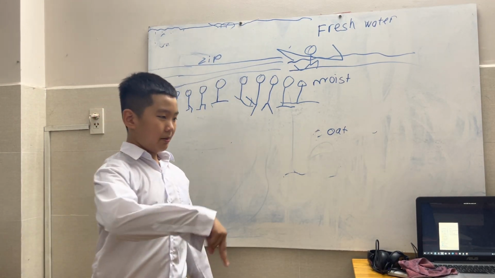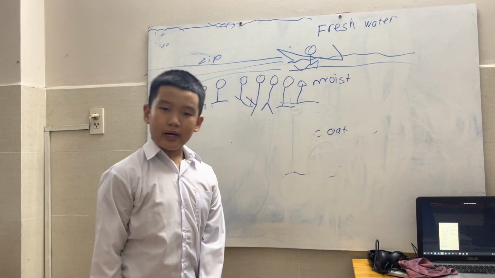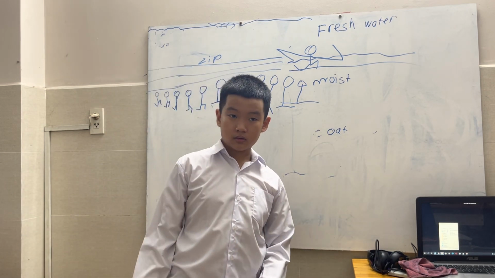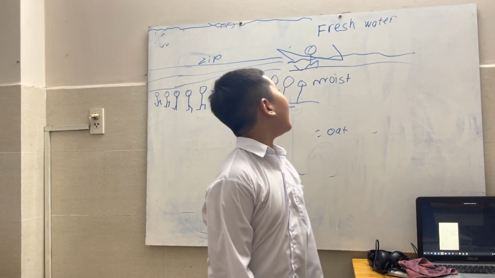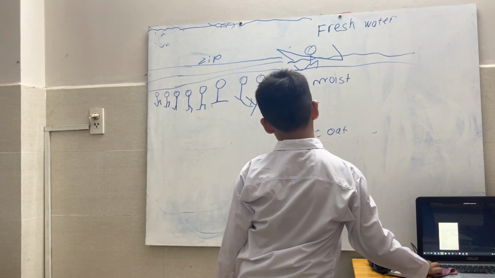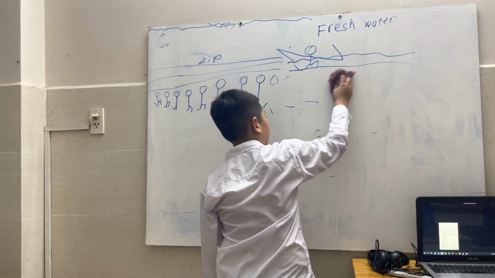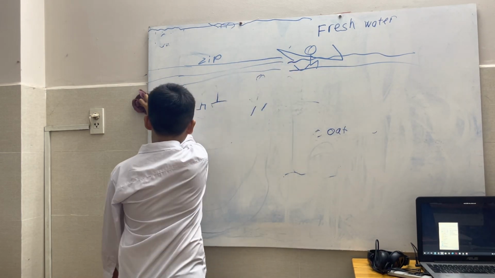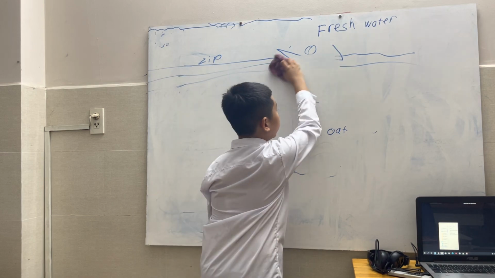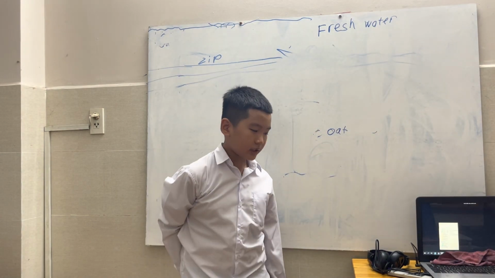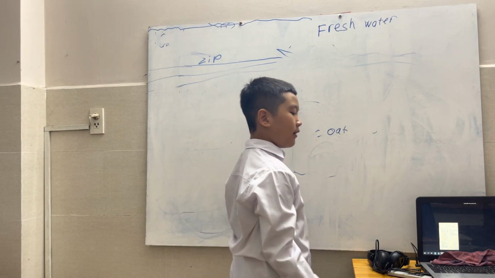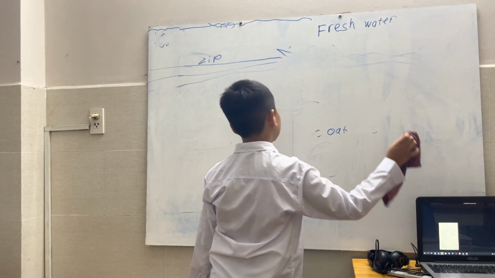So it kind of jumps instead of runs. Anyhow, fresh water is really shallow. And freshwater plants and fish or animals live in there.